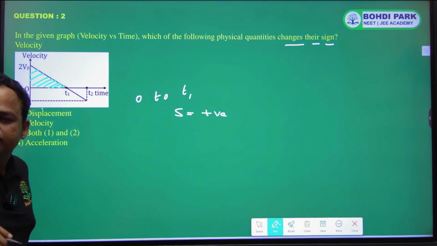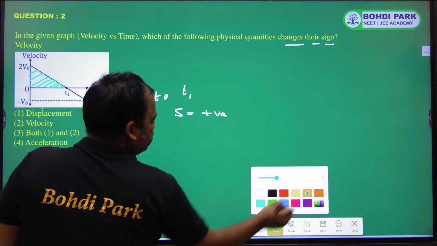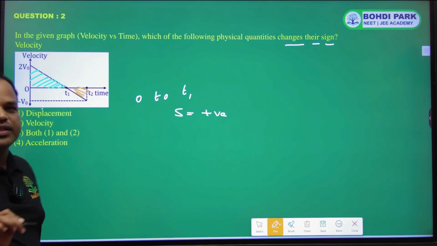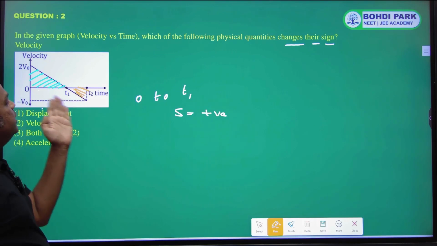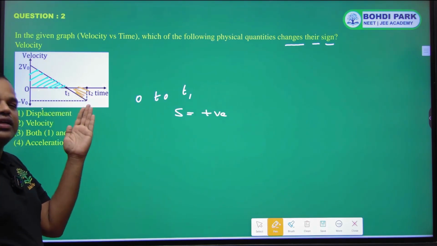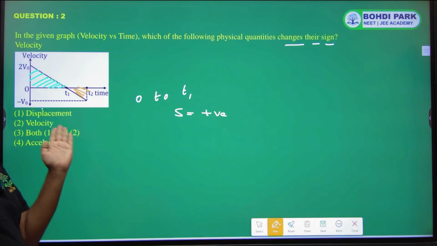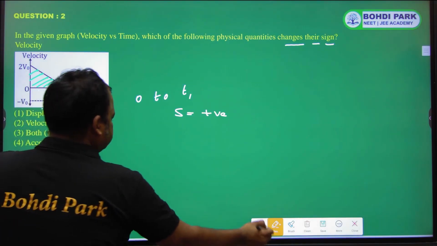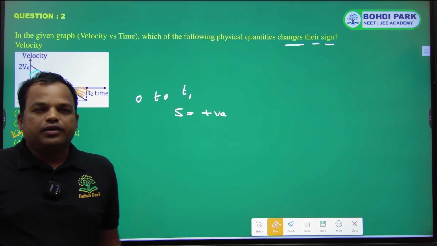For t1 to t2, you have to consider this area, it is negative. So 0 to t1 displacement positive, t1 to t2 displacement negative. So both 1 and 2, both displacement and velocity, change the direction. Done. Now next question.